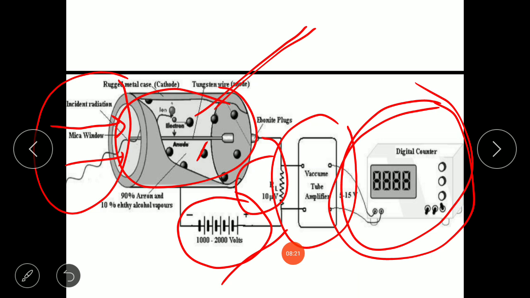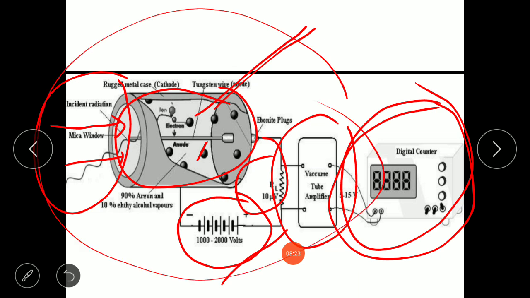In this tube the complete ionization takes place in no time, and the counting rate is greater than 10 to the power 3 counts per second. That is how it detects alpha, beta or gamma radiations and measures their number or intensity.